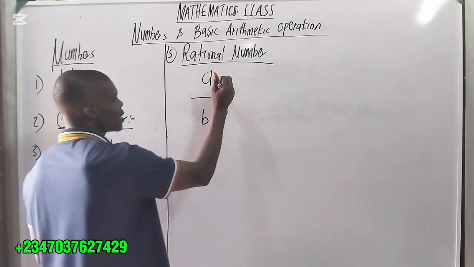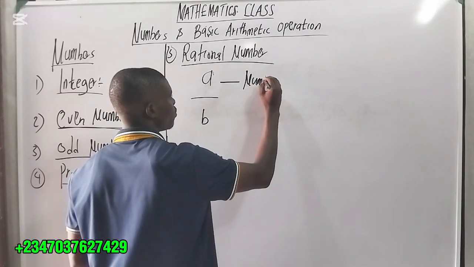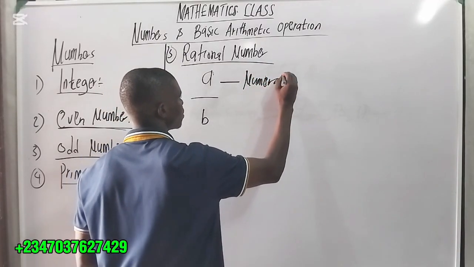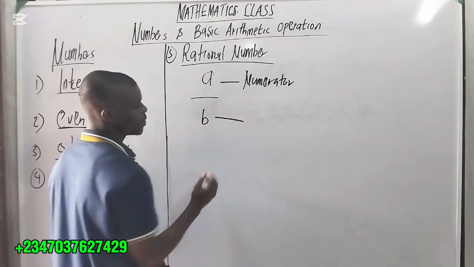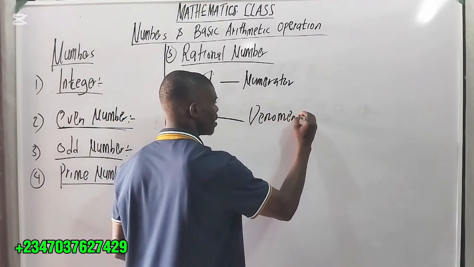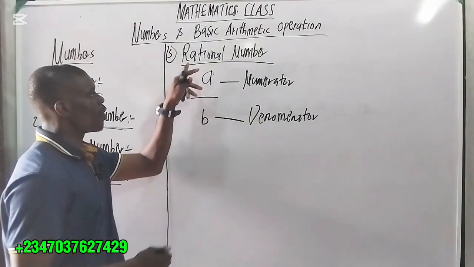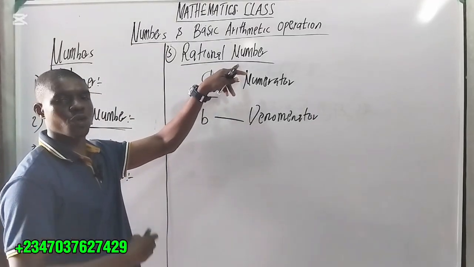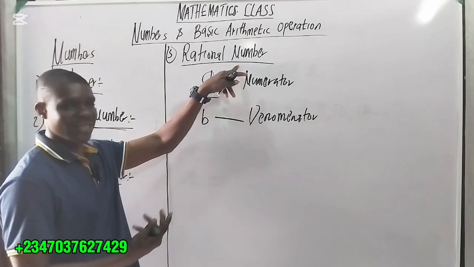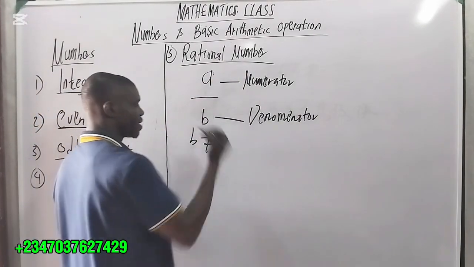This a is called the numerator, and this b is called the denominator. For this to exist, b must not be equal to 0. b cannot be 0.